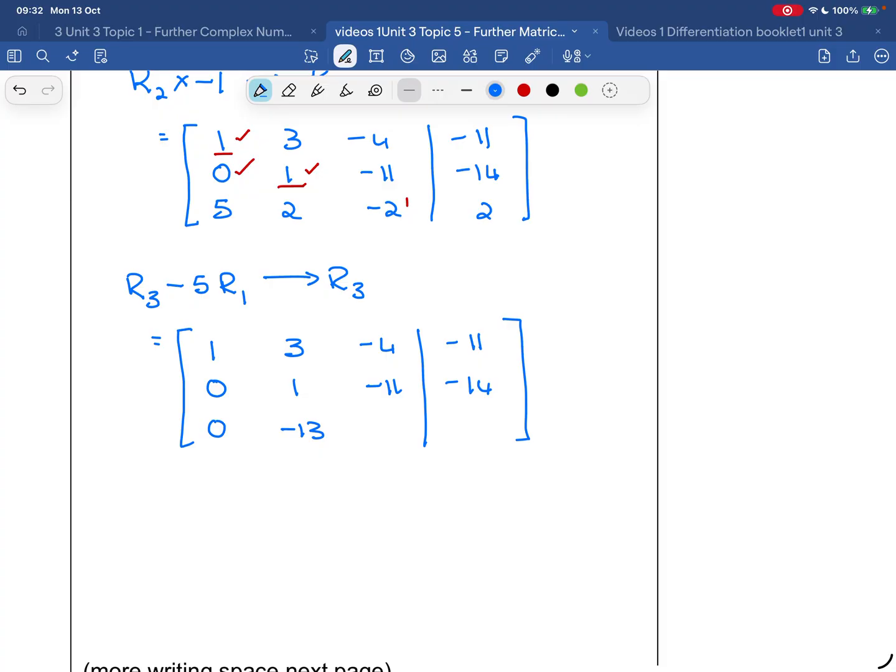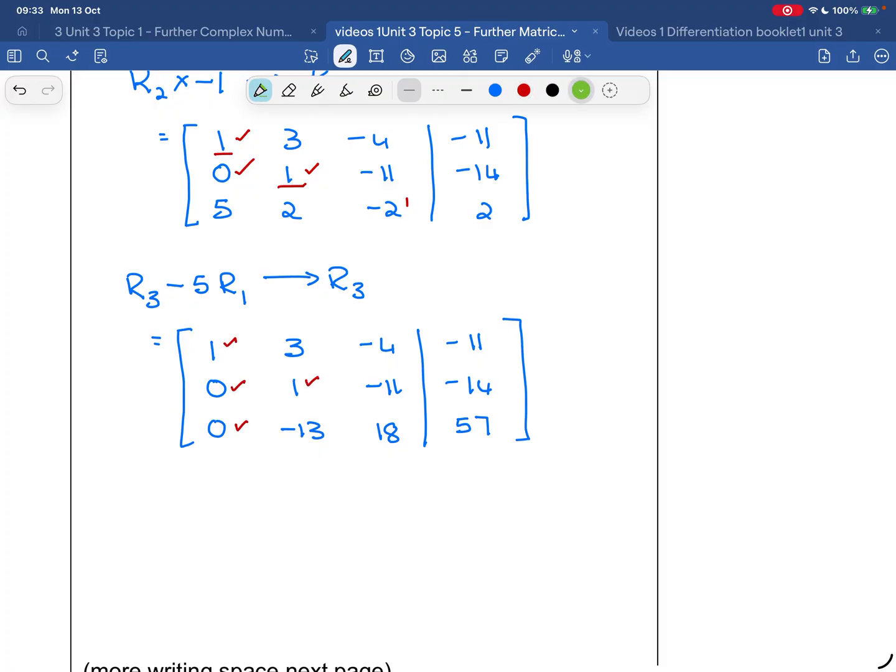So negative 2 plus 20 gives me 18. And then 2 minus 5 times negative 11. Well, that's going to be 2 plus 55, and that gives me 57. All right, so now I've got my 1 there, my 0 there, my 0 there. I've got a 1 there.